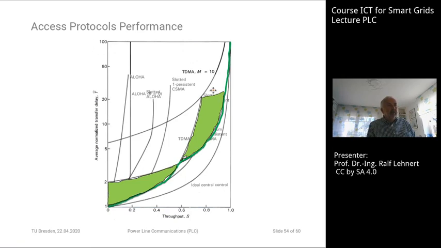So in the high load case, or in the case with many active transmitters, the effect of this mechanism is better, or more visible, than in the case of small systems.